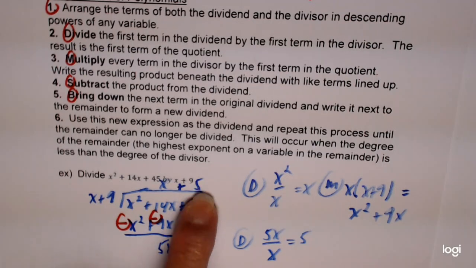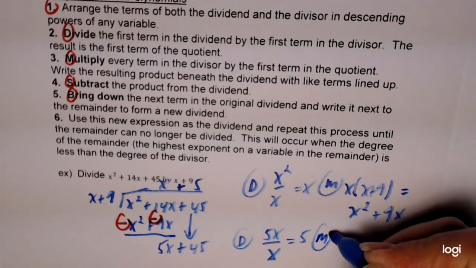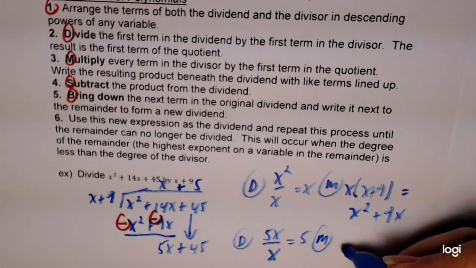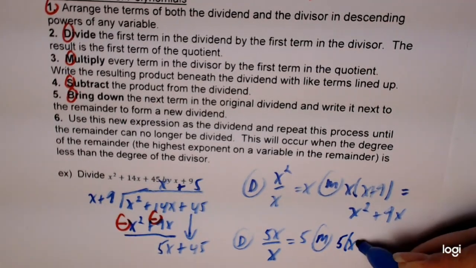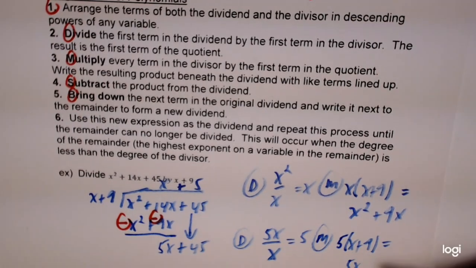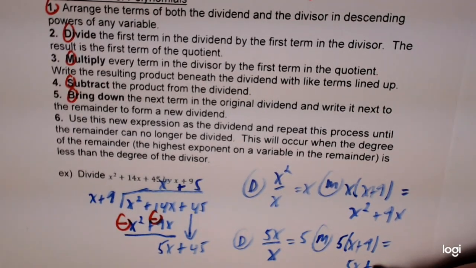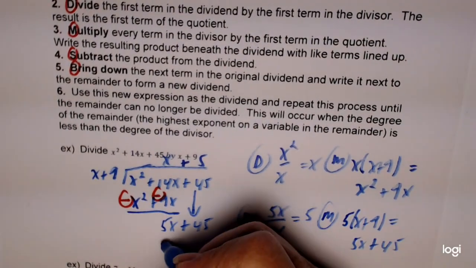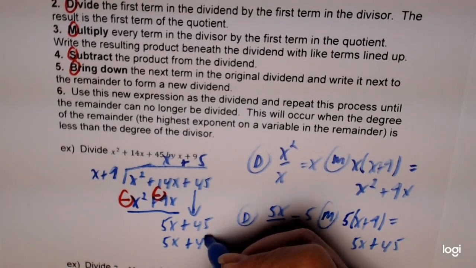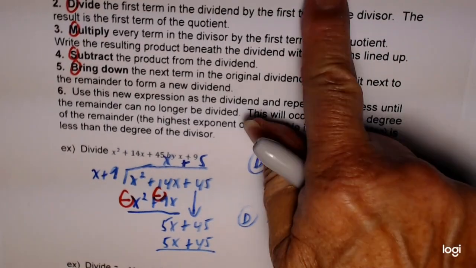X plus 5. Now we do the multiplication. This times everything here. So we have 5 times x plus 9. 5 times x is 5x. 5 times 9 is 45. And we write that multiplication answer here.